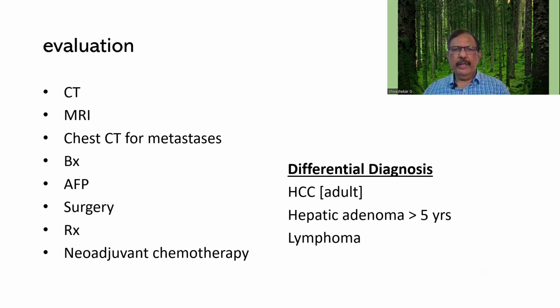These are all important in the diagnosis. The treatment is composed of surgery and neoadjuvant chemotherapy. The differential diagnosis: hepatocellular carcinoma occurs in adults. Hepatic adenoma occurs more than 5 years. Lymphoma or any of the blastomal tumors, even a nephroblastoma, can be mistaken for this.